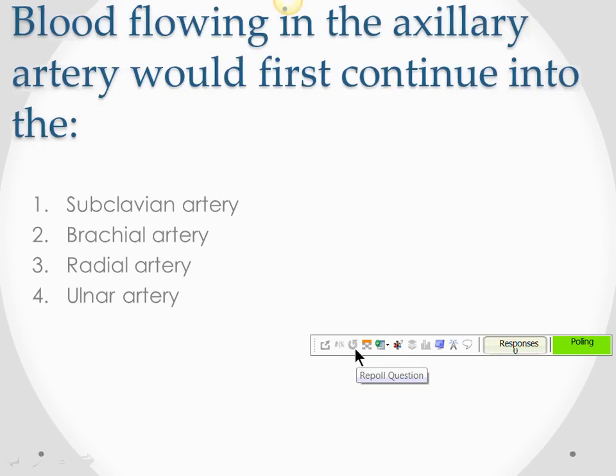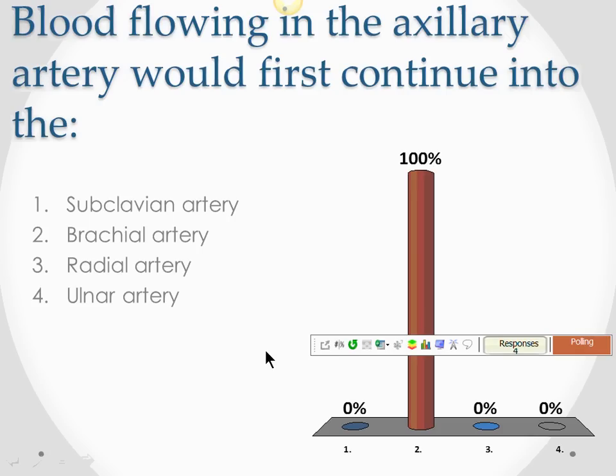Okay, let's re-poll the question. Yes, very good. Blood flowing in the axillary artery would first continue into the brachial artery. Remember, it's going downwards, away from the heart. So from subclavian into axillary, from axillary into brachial.